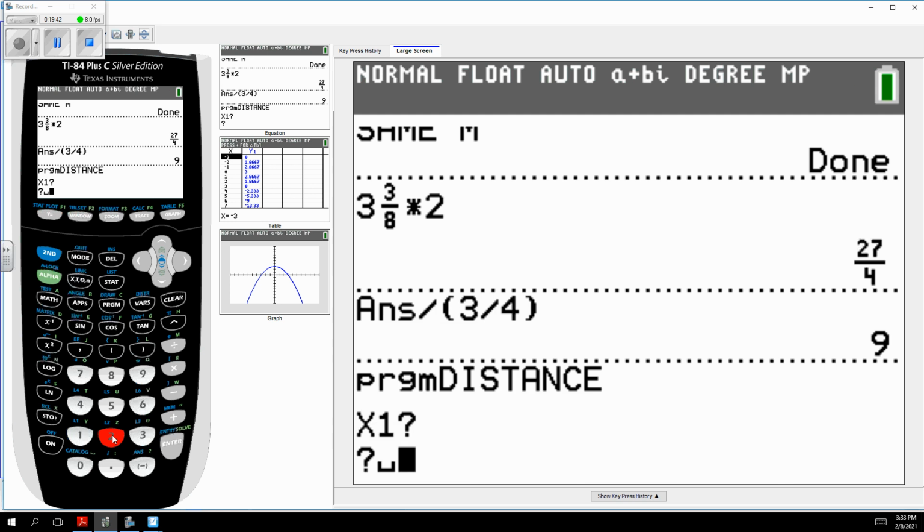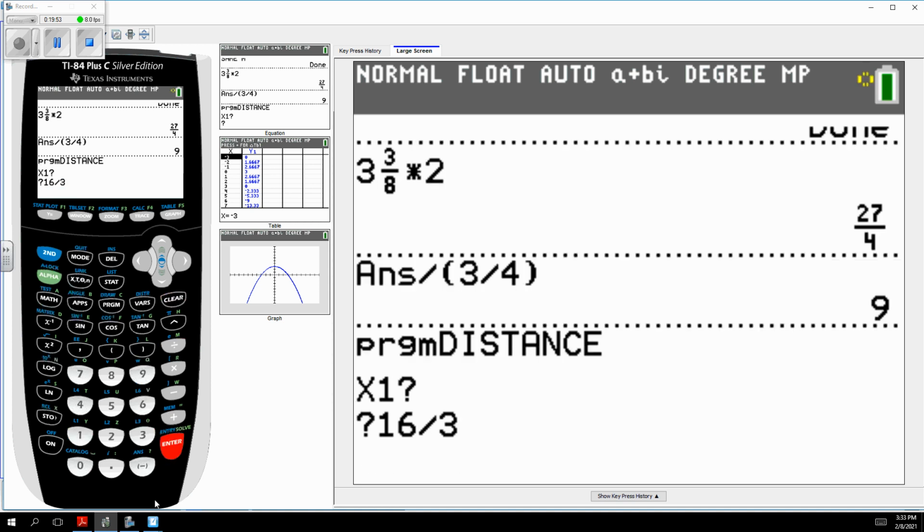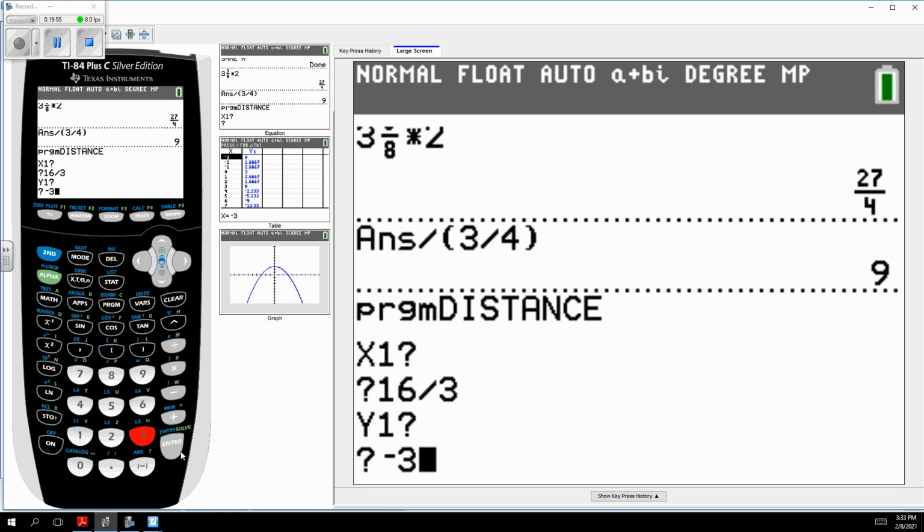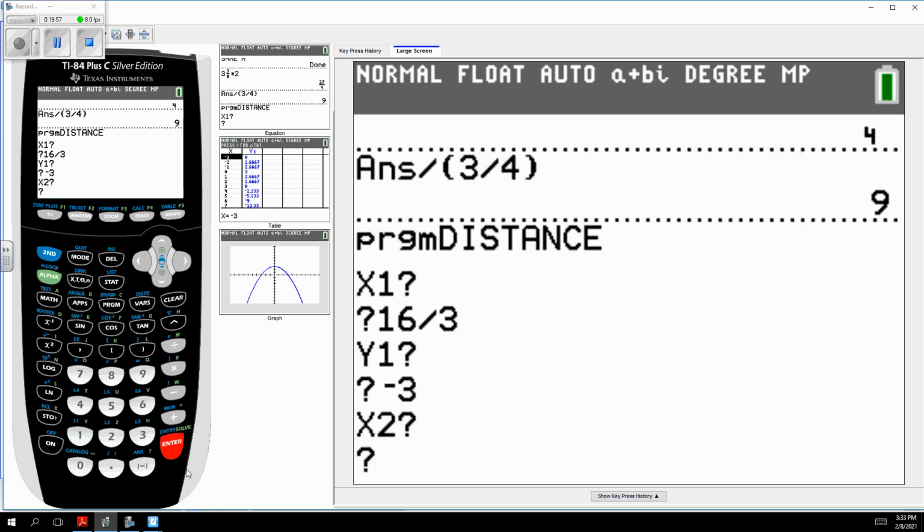If I try to, I know it didn't work. Yeah, you see that weird thing? So what you have to do is enter 16 thirds, negative 3. I'm changing it. And negative 14 ninths for 1 and 5 ninths, negative 3.